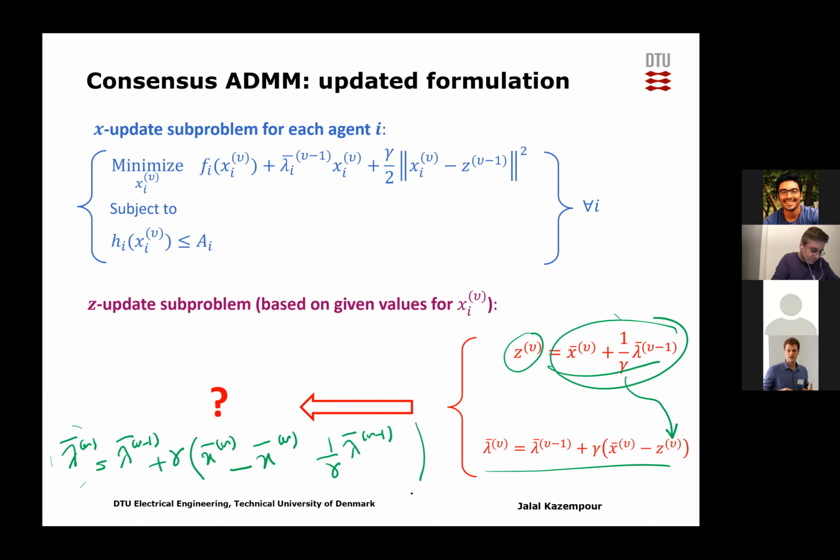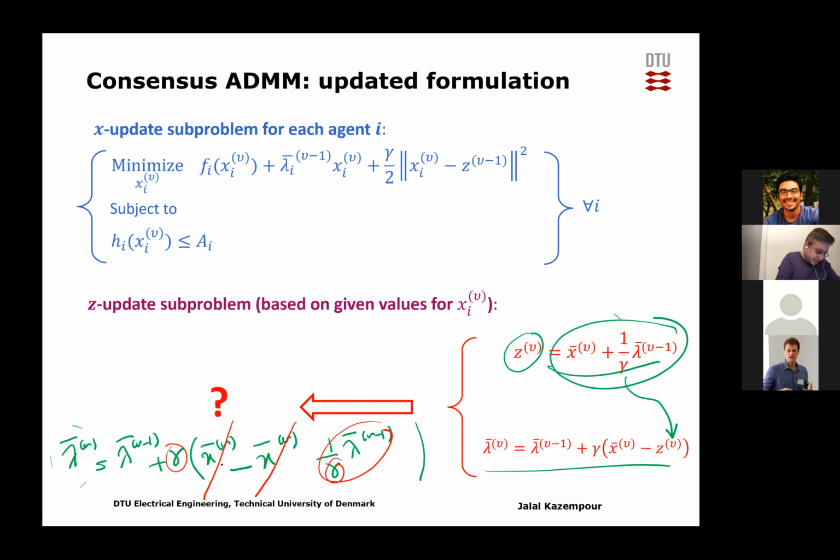All right. So what happens? This term and this term cancel out each other. I'm doing the correct thing, right?